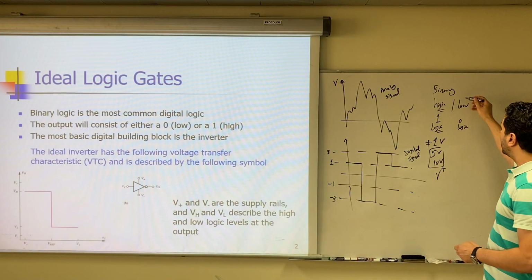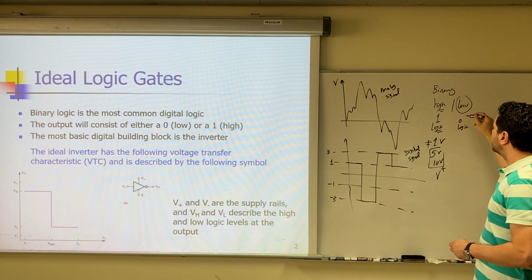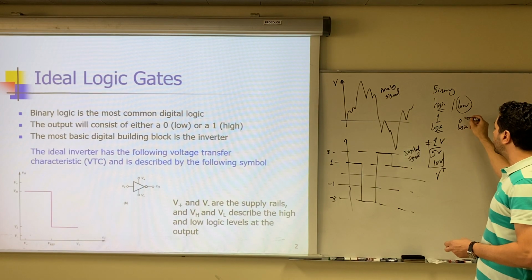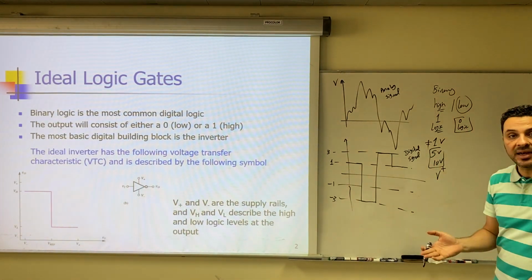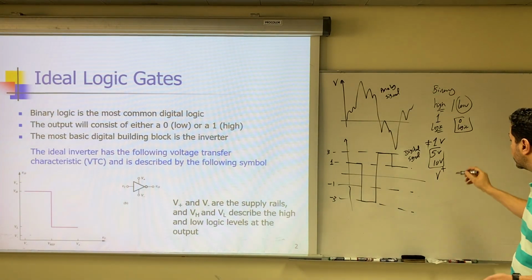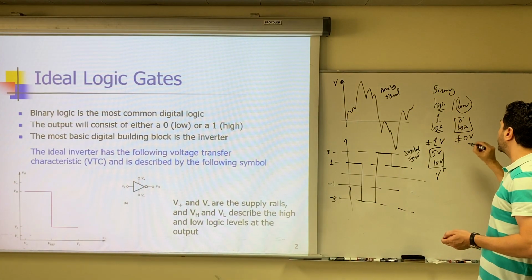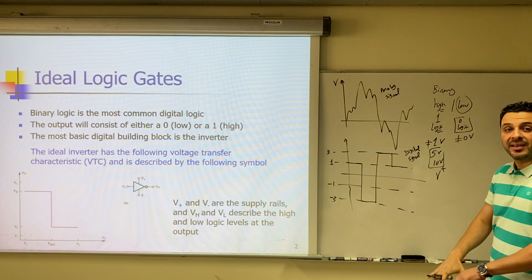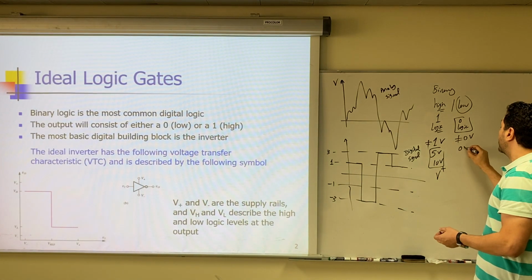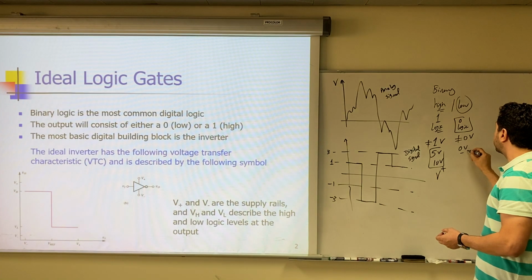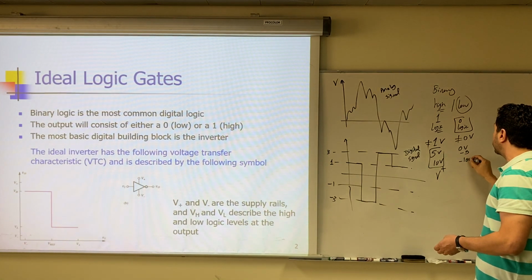Same when we talk about the low level, logic 0. This doesn't mean necessarily 0 volt. It can be any low voltage level. It can be 0, or it can be -5, or it can be -10.